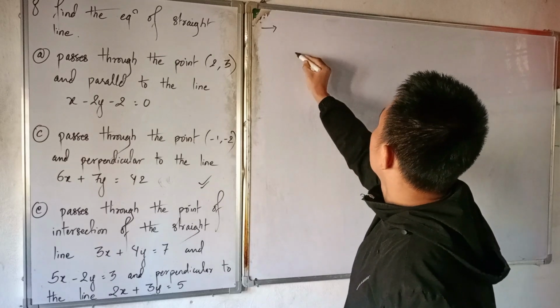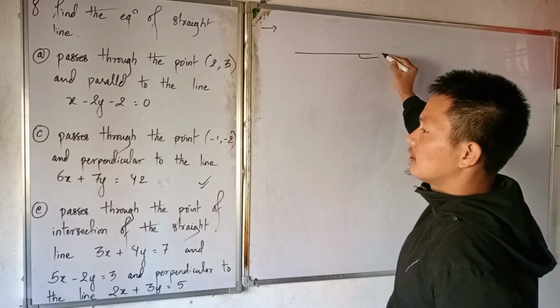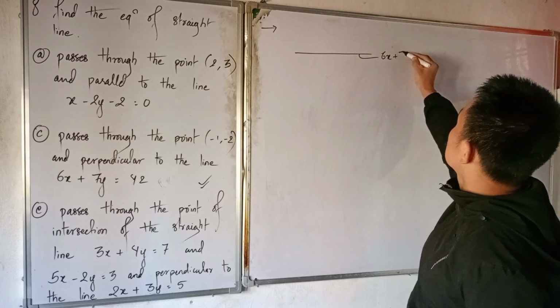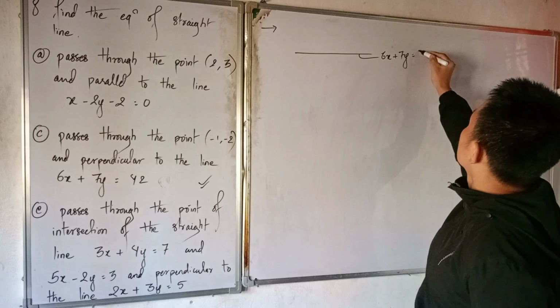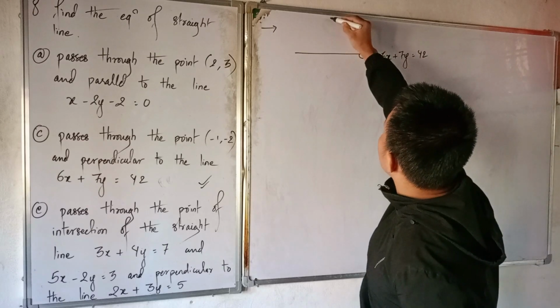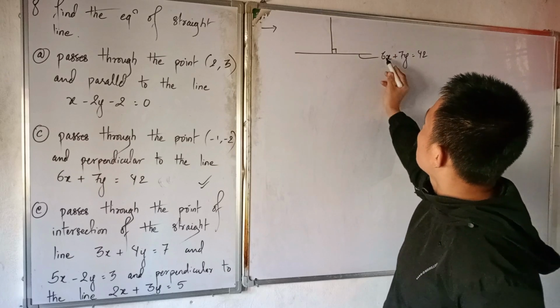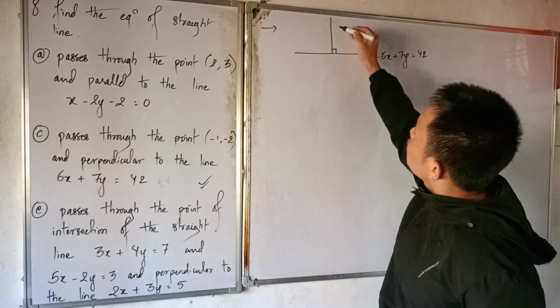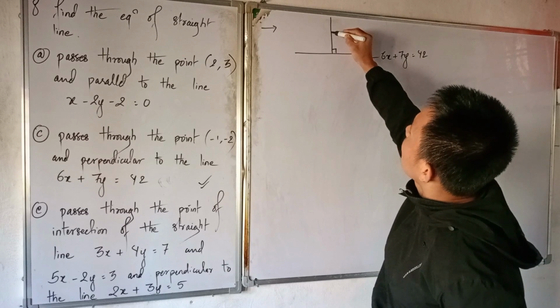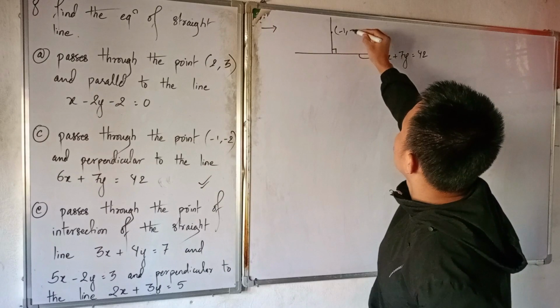So there is a line, and its equation is 6x plus 7y equals 42. You have to find the line which is perpendicular to this line and passes through the point (-1, -2).